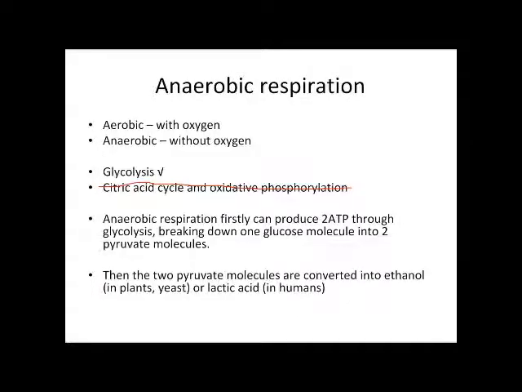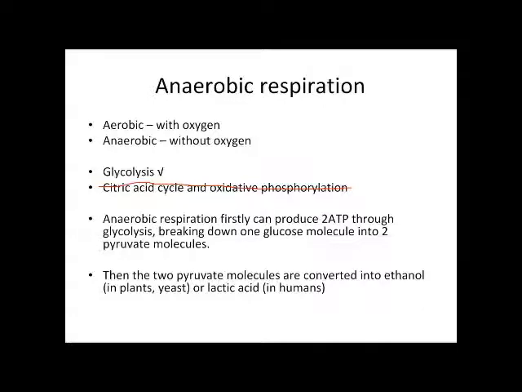So anaerobic respiration. Aerobic is with oxygen. Anaerobic is without oxygen. Anaerobic respiration can do glycolysis because glycolysis doesn't need oxygen to be performed. So remember, glycolysis produces 2 ATP.